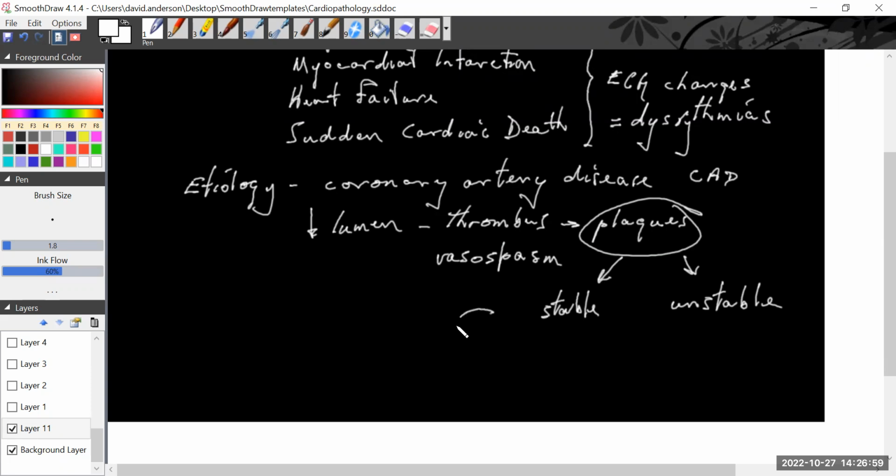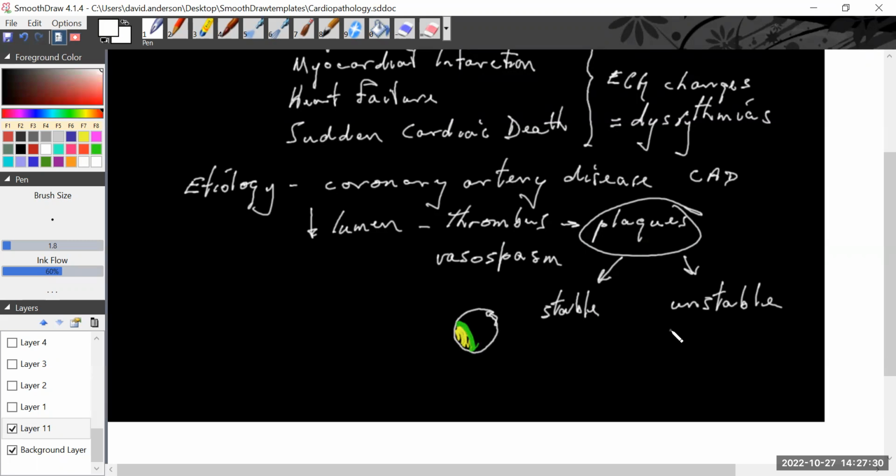So if we were looking at the lumen of this blood vessel and we were looking at the atheroma that's growing on the inside of the wall, a nice stable plaque would have a nice thick fibrous capsule. The fibrocytes have enclosed it in a nice thick stable atheroma. This is not likely to break off and form an embolism.